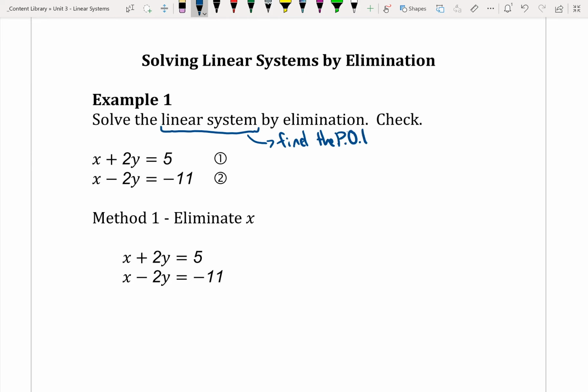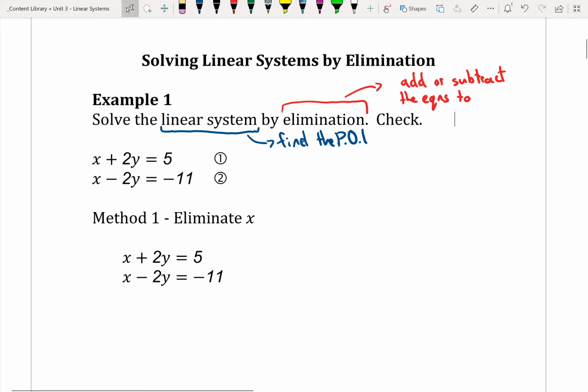And solving by elimination means to add or subtract the equations to get rid of a variable or a letter.